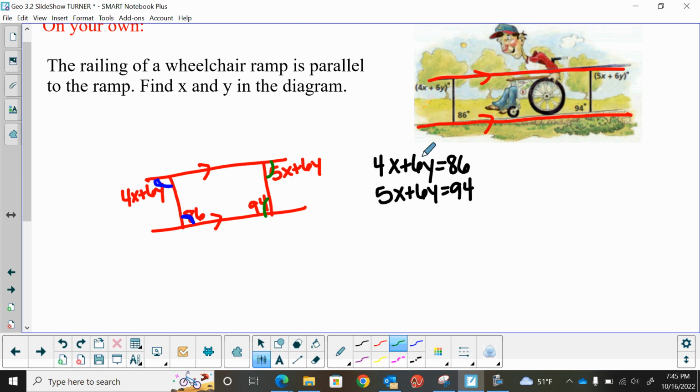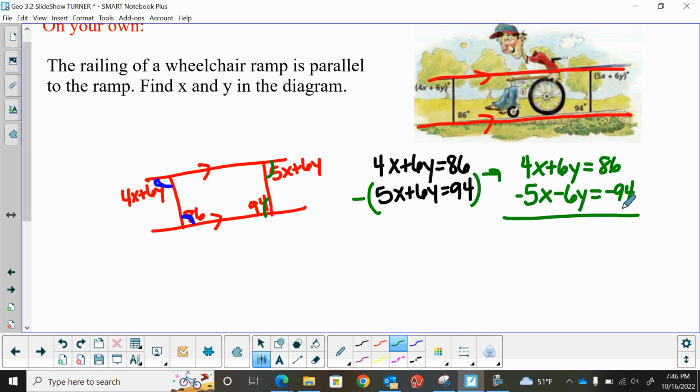So just like I did in the last one, I recognize that my y's will eliminate nicely if I just multiply my second equation by -1. So if I bring over my first equation here, my second one would be negative 5x minus 6y equals negative 94.